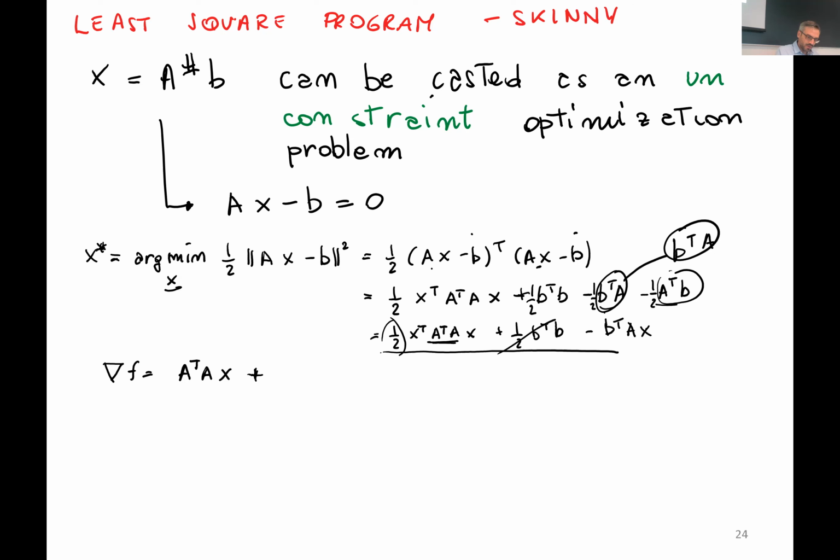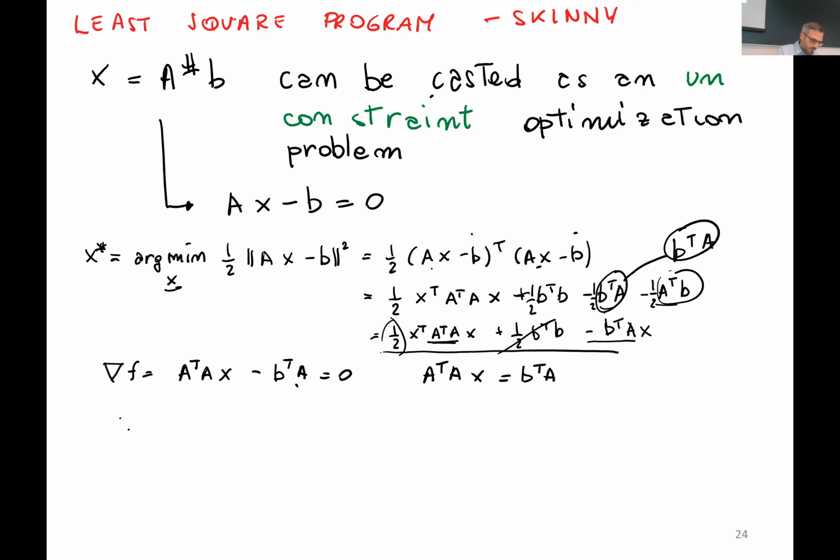And this one, sorry, there was an X missing here, will be just minus A transpose B, so minus B transpose A. We set equal to 0. We rewrite this, A X, we put this on the other side.